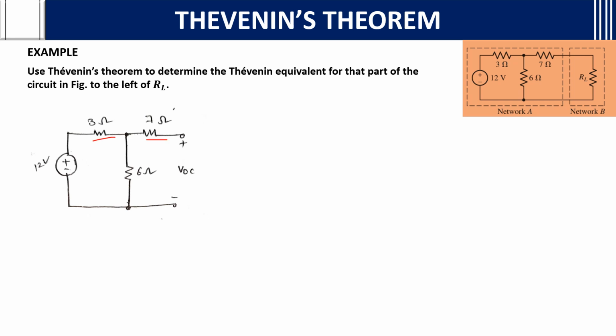So you draw it in such a way that, see, 12 volts, 3 ohms, 7 ohms and 6 ohms, and we want the voltage across this open terminal, that is VOC. That is nothing but Thevenin's voltage.